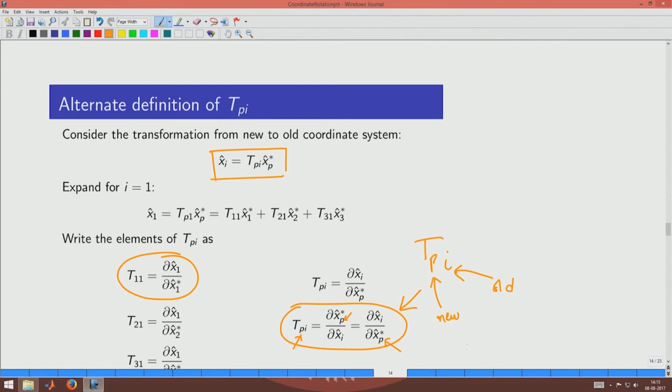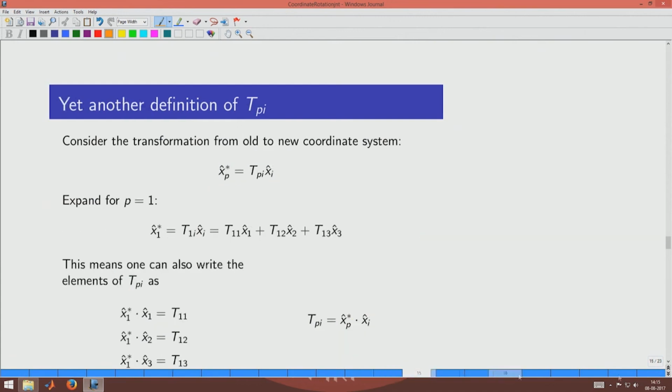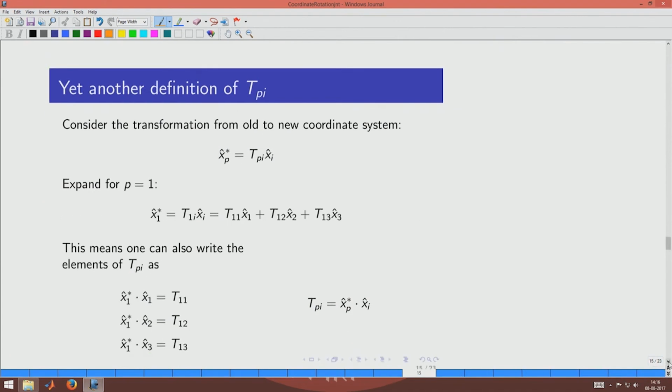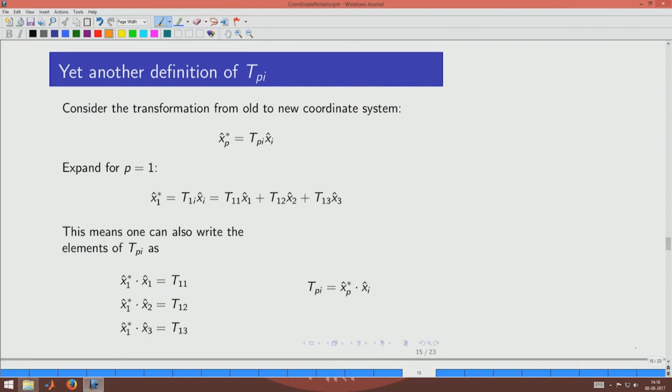So, an alternate way of defining the elements of T when the unit vectors are given in vectorial form is shown here. Here what we do is that instead of looking at partial differentiation, we basically look at dot products. So, we do the same exercise and we see that we want to get T11 out.